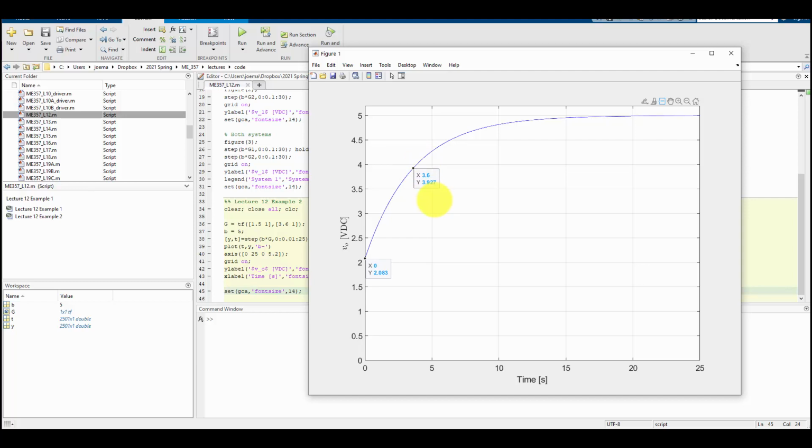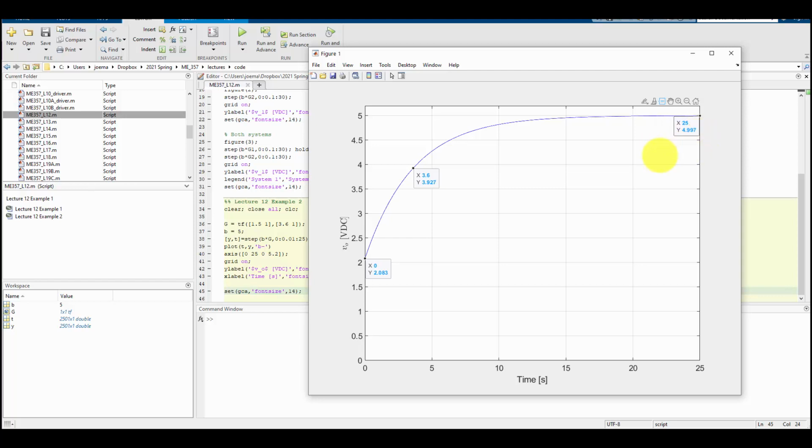And that matches the value we had of 3.92 in our hand sketch from using the parameters in the transfer function. So that matches. And finally, our steady state value, going out to 25 seconds, we see it's asymptotically approaching, it's flattening out, and it's getting closer and closer to 5. If we went out a little bit further, we would get even closer there.